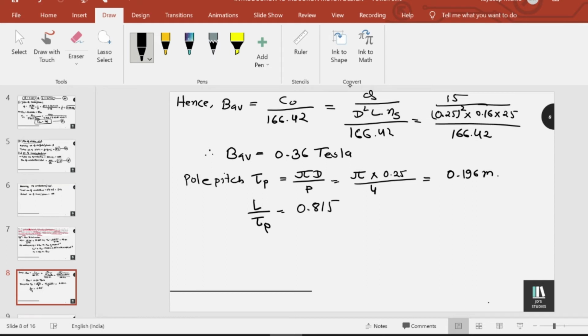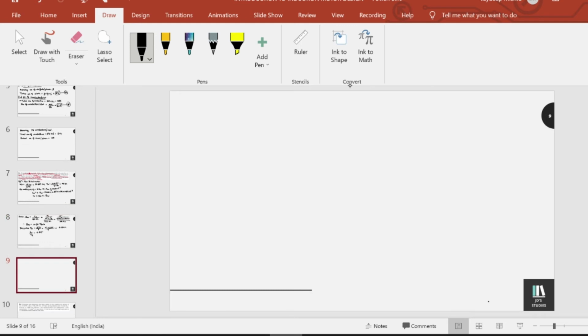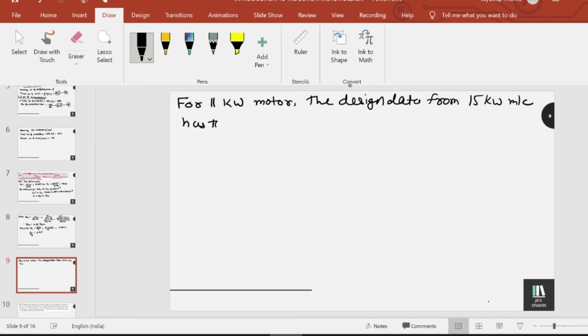Now we will consider the second motor, the 11 kilowatt motor. The design data from the 15 kilowatt machine has to be taken.